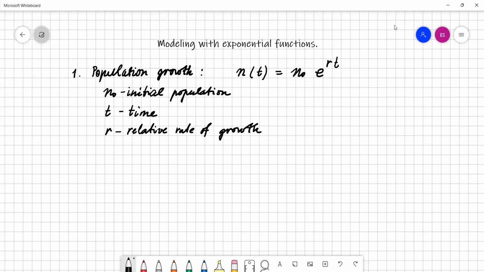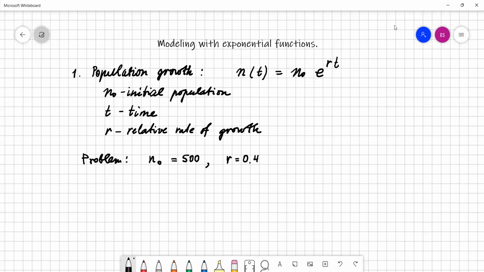For example, a typical problem is bacteria growth. Imagine that we have a culture with an initial population of bacteria, like, I don't know, 500 bacteria, and a relative rate of growth, r, equal to 0.4.